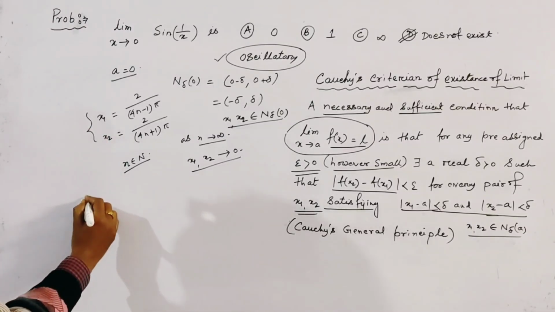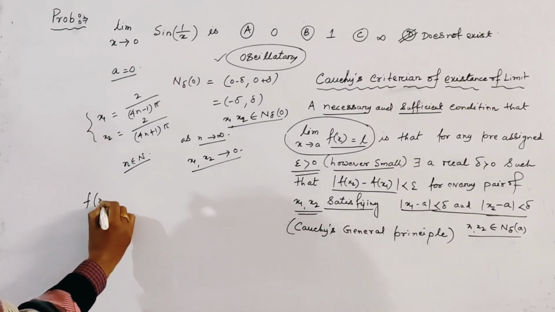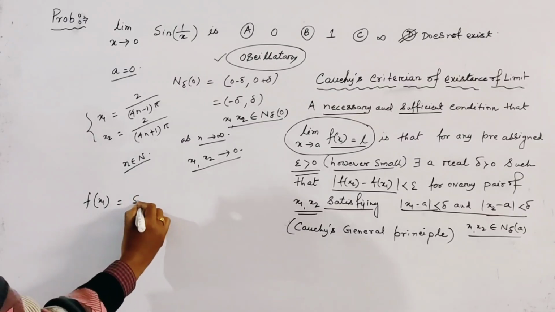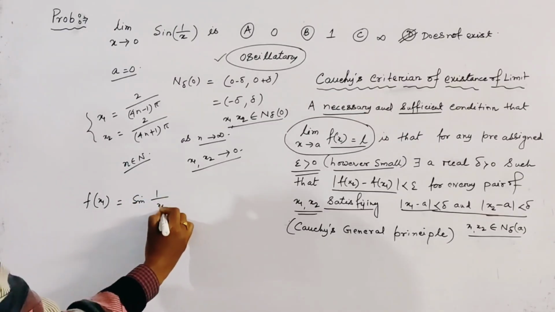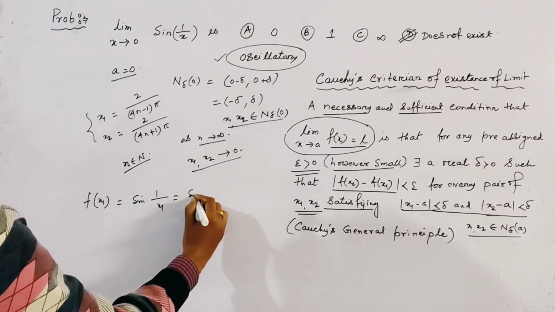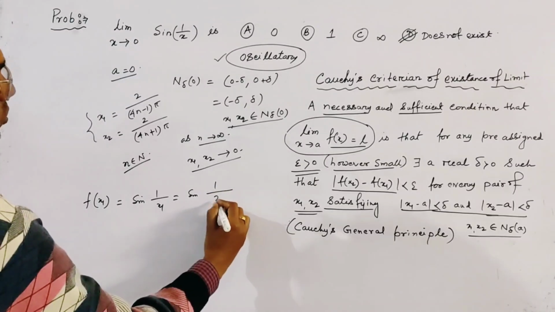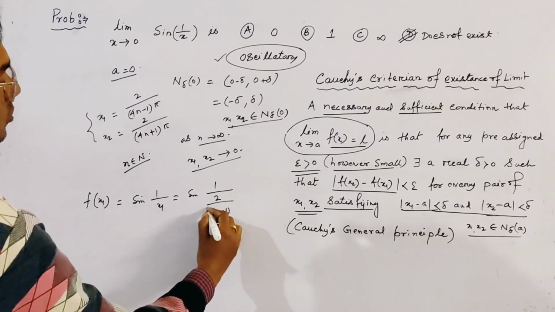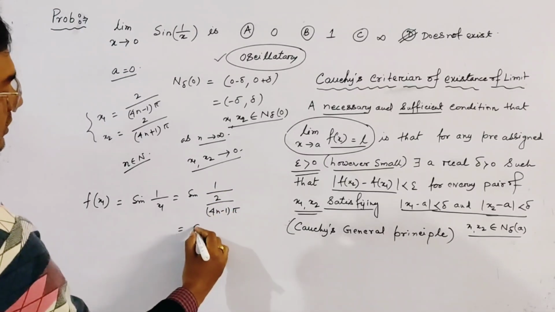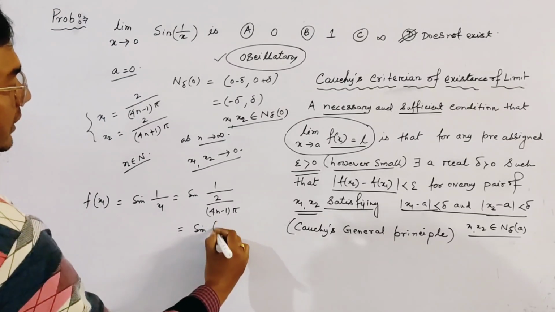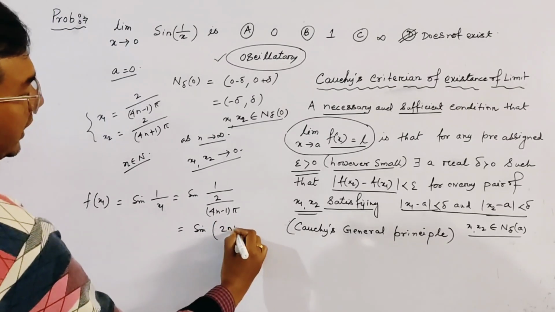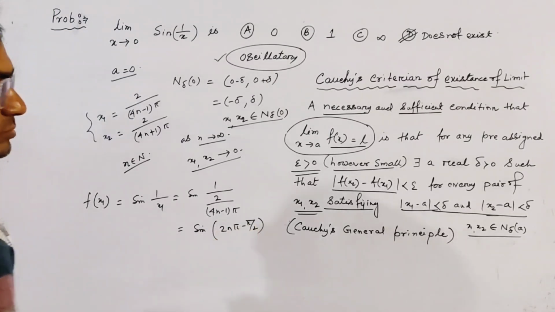Now, the value of f of x1 is sine of 1 by x1, which is sine of 1 by 2 by (4n minus 1) pi. So this is sine of 2n pi minus pi by 2.